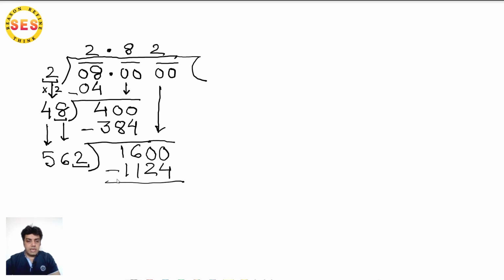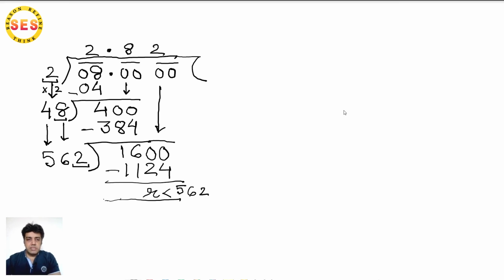Now the only thing I may be interested in, I will not waste my time trying to find out what the remainder is. All I need to understand here is that whatever remainder I get here should be lesser than 562, which it is. So you will be able to say that the square root of 8 is 2.82 approximately.